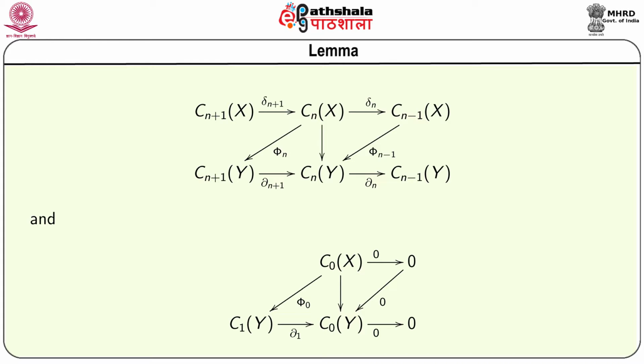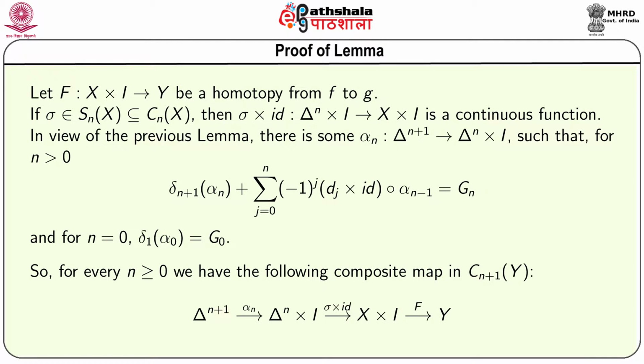So, we will get that delta 1 composed phi 0 is equal to the difference of the functions CNG minus CNF from C0x to C0y. Let us try to prove this lemma. Suppose capital F is a homotopy from f to g.